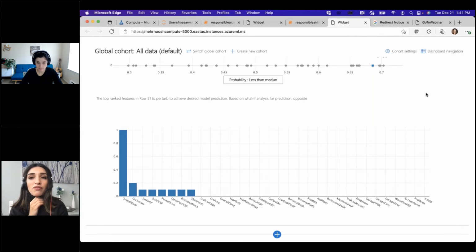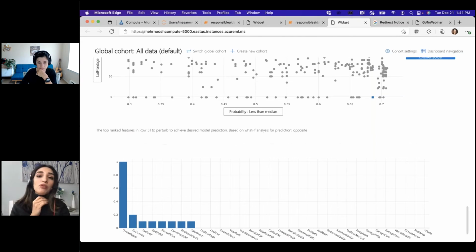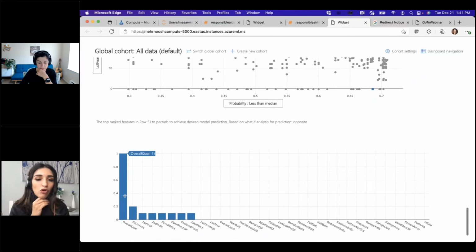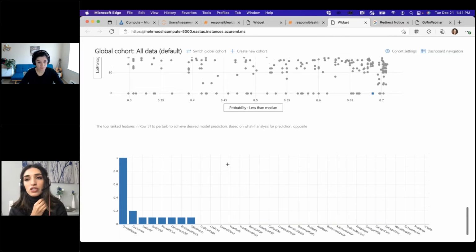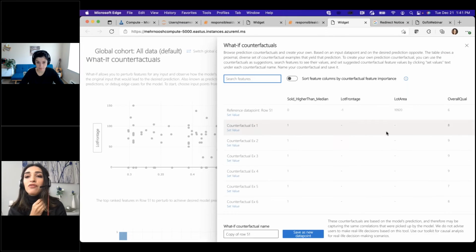In other words, what factors of this house I should play with so that I get an opposite outcome from the model. You can see overall finish quality, great living room area, first floor square footage are the top three. I can also look at a handful of counterfactuals for this data point. So this is my original data point, and the dashes mean no change.